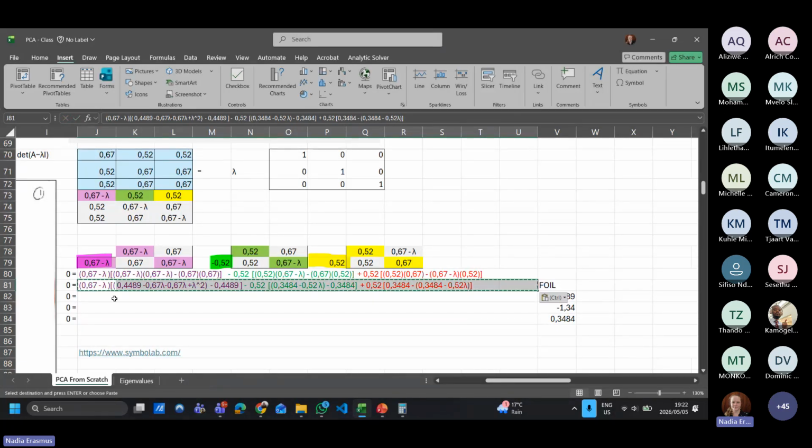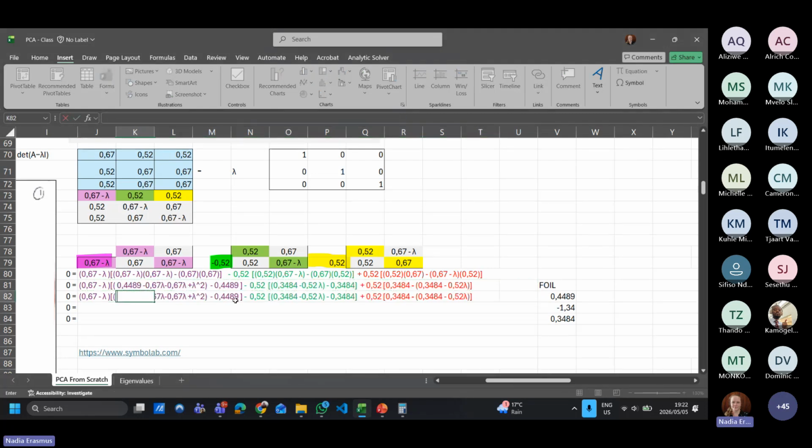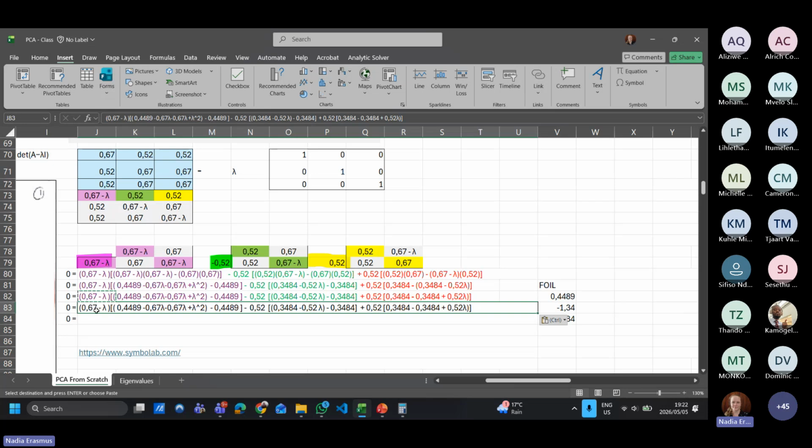Let me copy and paste it at the bottom. So we have a negative 0.3484, but a positive 0.52 lambda, because we multiplied the negative sign in. This is one of the longer processes because it is time consuming.